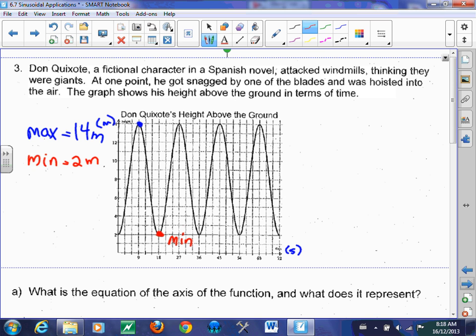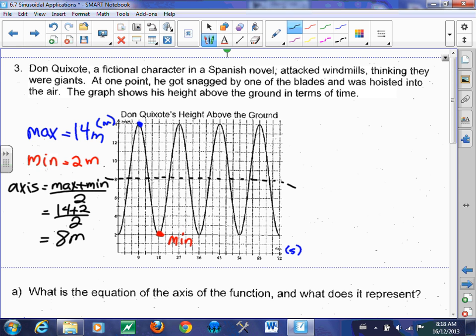And if we want to find the axis, our axis is going to be right there, halfway between. To find your axis if you're not sure, it equals max plus min divided by 2. So it's going to be 14 plus 2 divided by 2. So your axis is going to equal 8 meters. So you can draw that in.